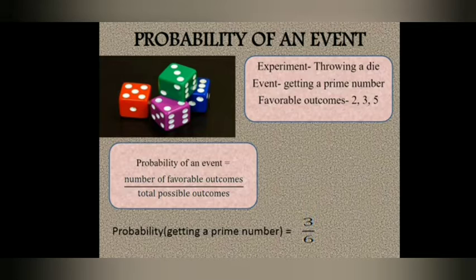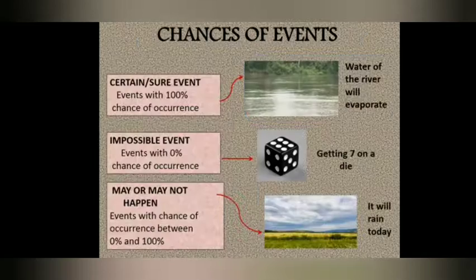The probability of an event is equal to the number of favorable outcomes divided by the total possible outcomes. The total possible outcomes are 6 and the favorable outcomes are 3. So the probability of getting a prime number is 3 by 6, which is nothing but 1 by 2.